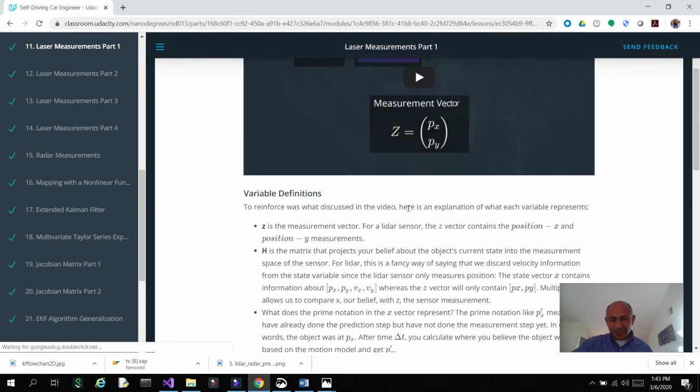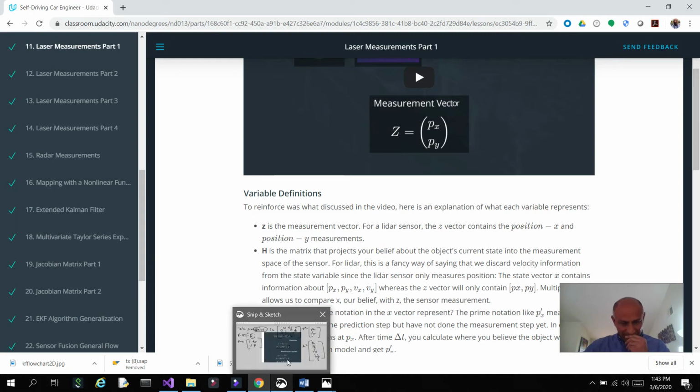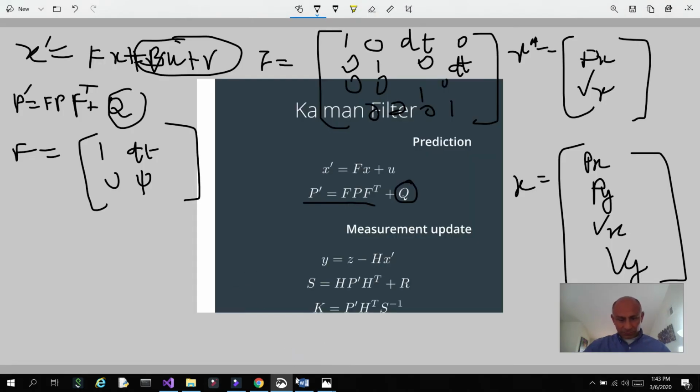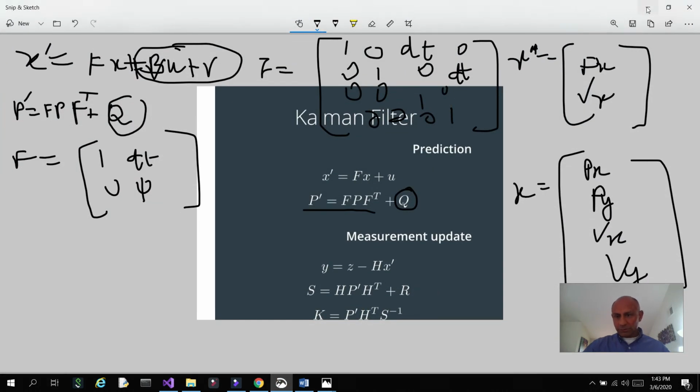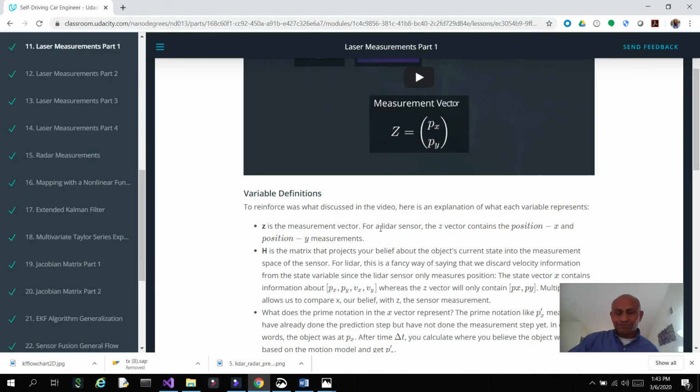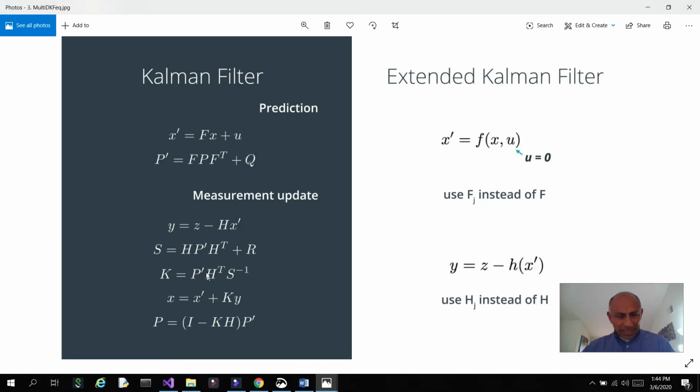H, like I was saying in some of the diagrams that we drew, I think we lost that first diagram. H is the matrix which is used for measurement transformation.